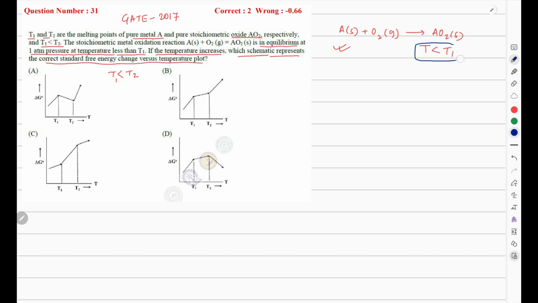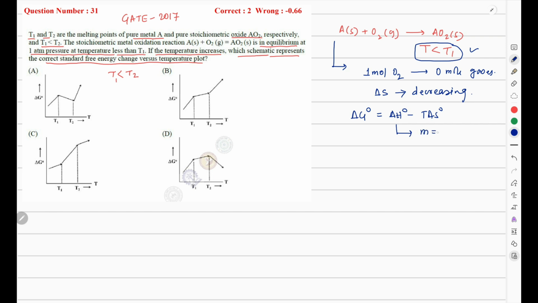For temperature less than T1, we can see that 1 mole of O2 gas gives rise to 0 mole of gaseous phase. So in this case the entropy delta S is decreasing. From the formula delta G naught equals delta H naught minus T delta S naught, the slope m is minus delta S naught.